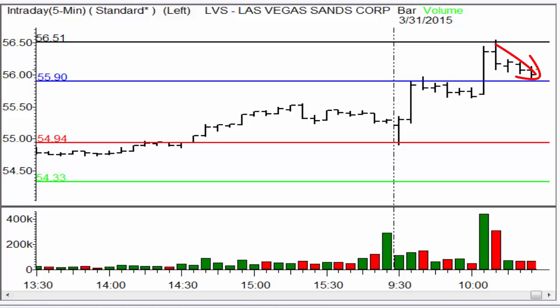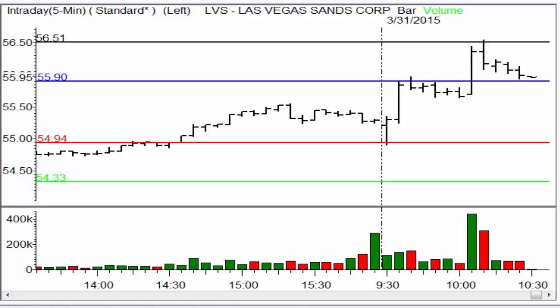The plan was just to get down to this pivot line. You could go and ratchet stops in and say you have a 15-cent stop or something on this $55.90 target.